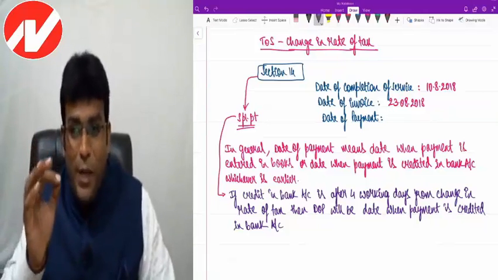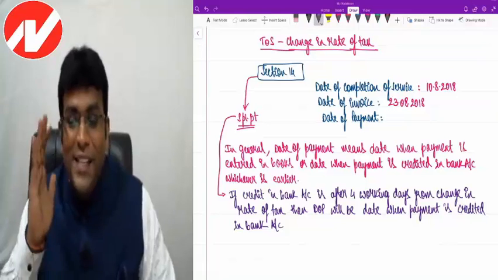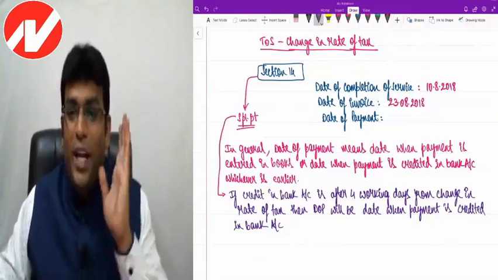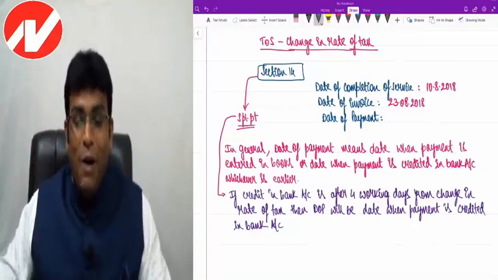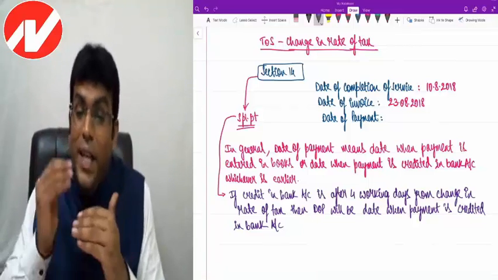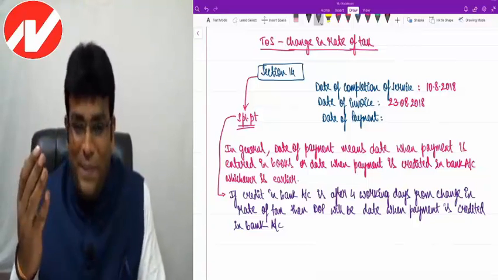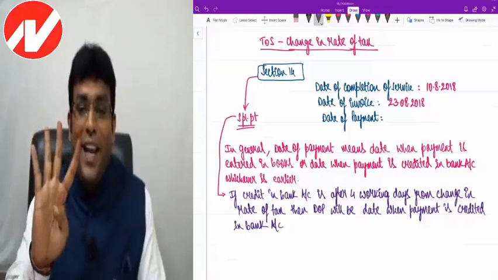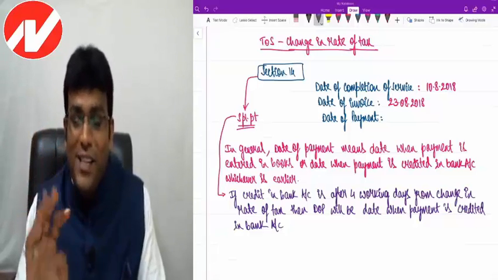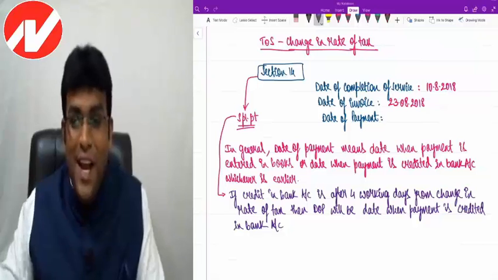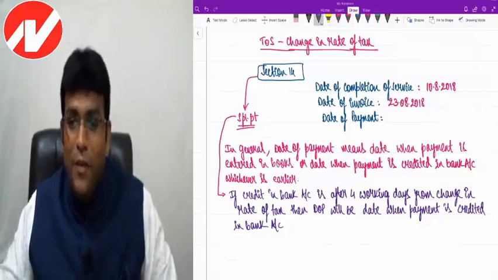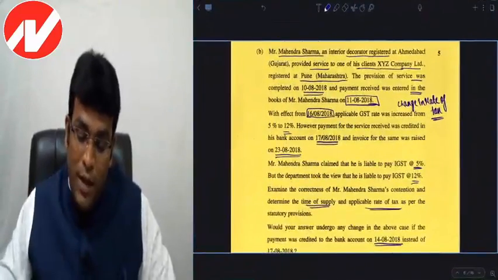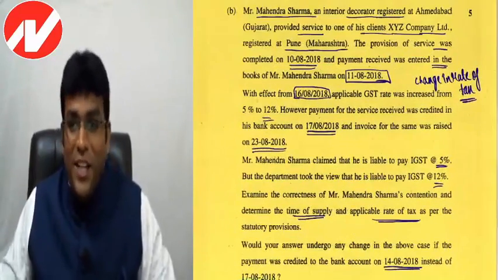But one special point in section 14 is, if the credit in bank account is after 4 working days from change in rate of tax, then date of payment will be date when payment is credited in bank account. Going back to the question, when is the change in rate of tax?